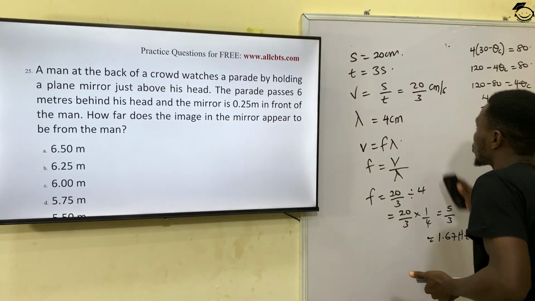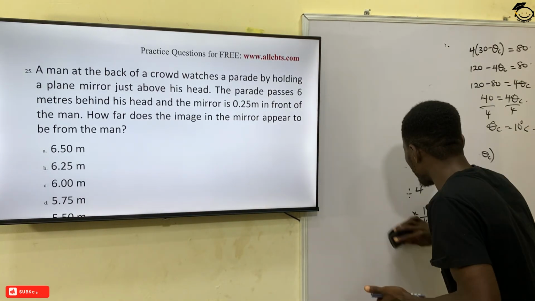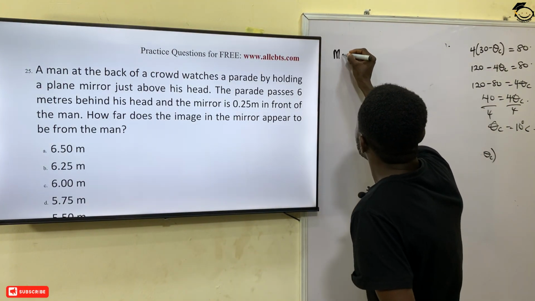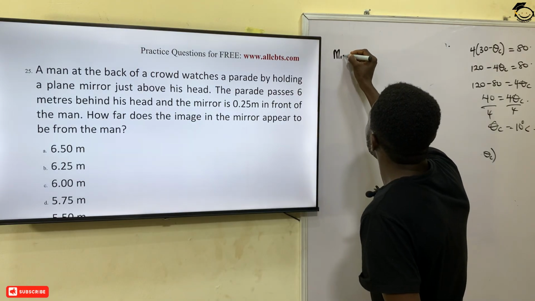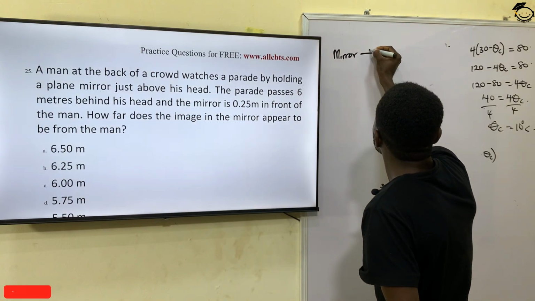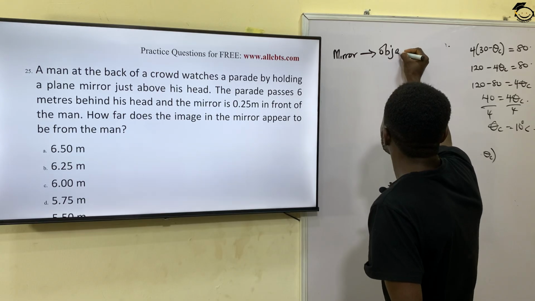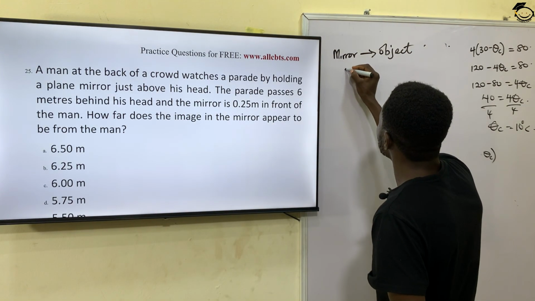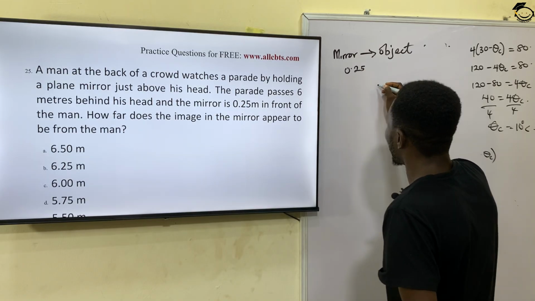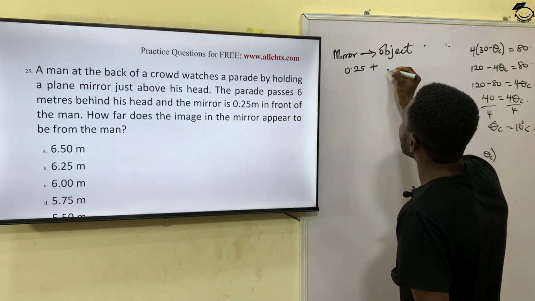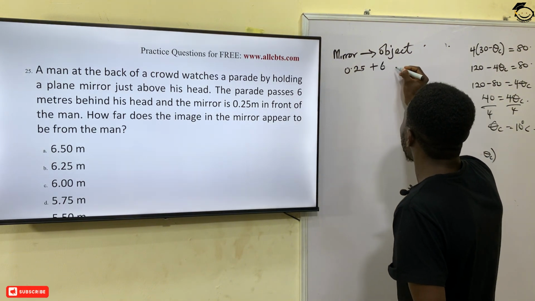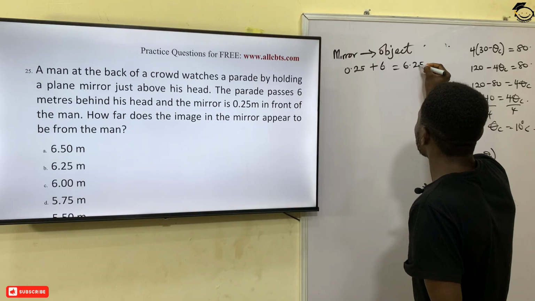Now, looking at this question, the distance from the mirror to the object, which is the parade, is going to give you 0.25, which is the distance between the man and the mirror, plus the distance between the man and the parade, which is 6. And that will give me 6.25 meters.